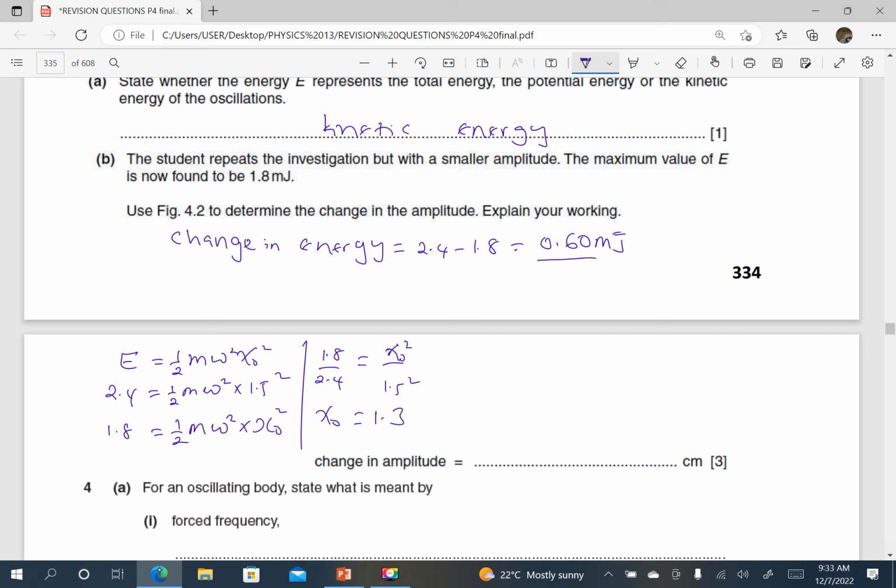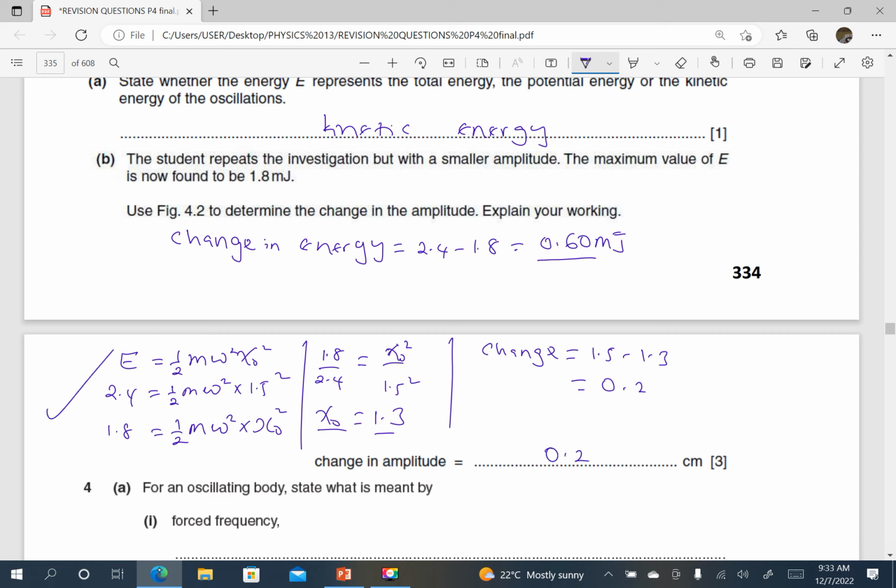So if x naught is 1.3, then what is the change? Remember, the original amplitude was 1.5. So the change is going to be equal to 1.5 minus 1.3, which is 0.2. So the change is actually 0.2 centimeters.